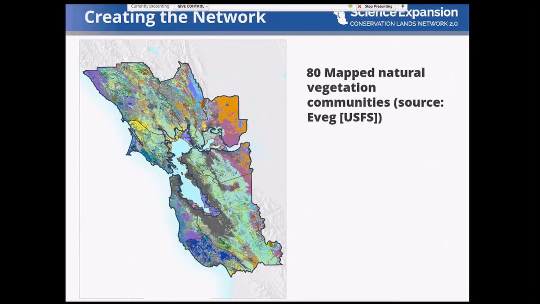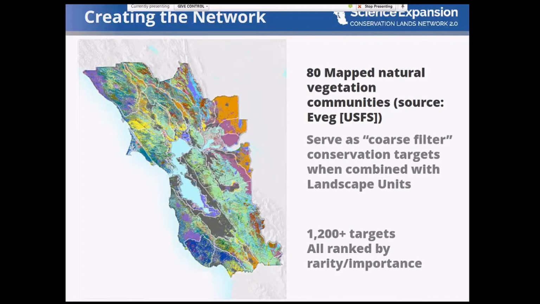We start with our mapped natural vegetation communities, and then we combine those with the landscape units, and we get multiple combinations. We get well over 1,200 different combinations there. So these combinations serve as what we call the coarse filter conservation targets.